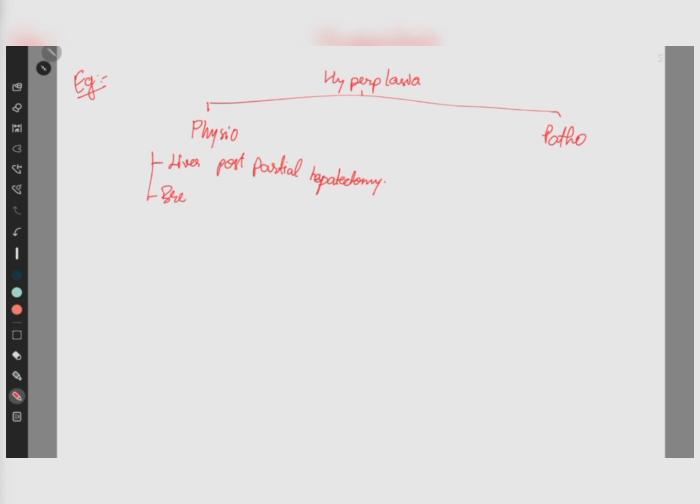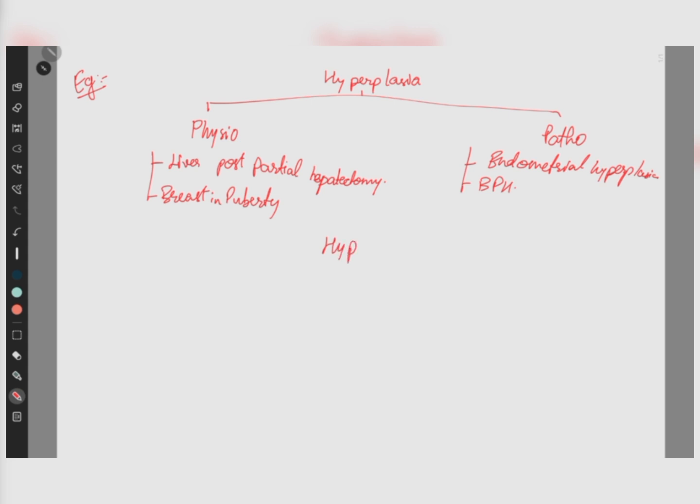Second is breast in puberty. Now pathological examples of hyperplasia we have seen earlier. First is endometrial hyperplasia. Second is benign prostatic hyperplasia.